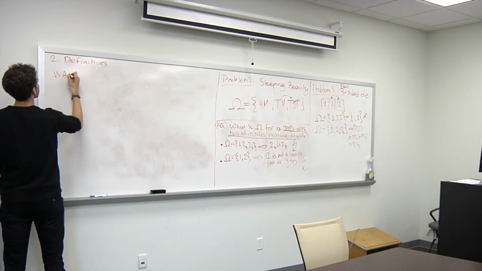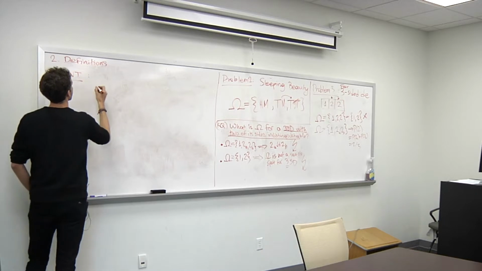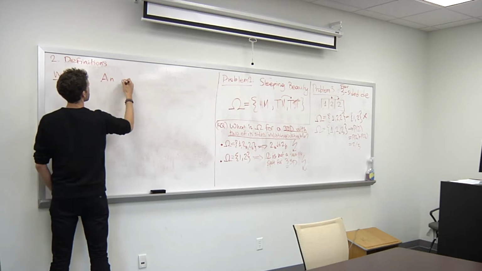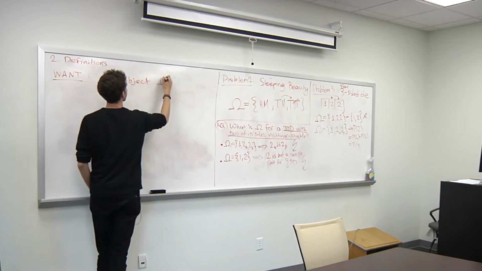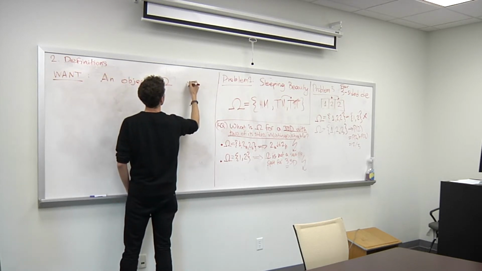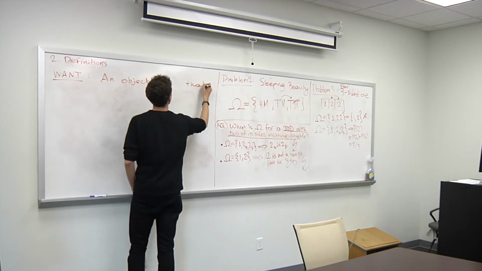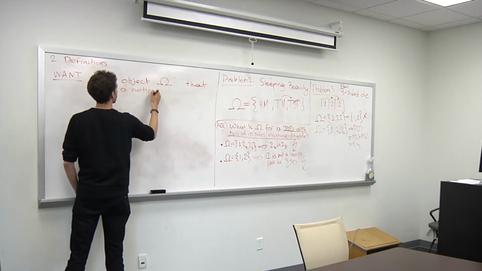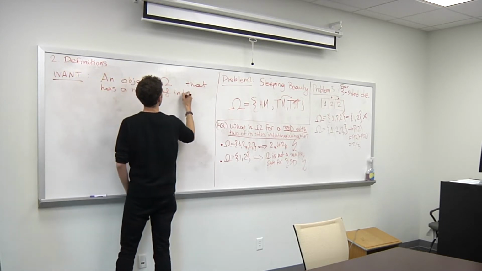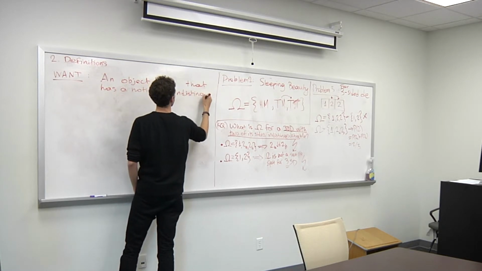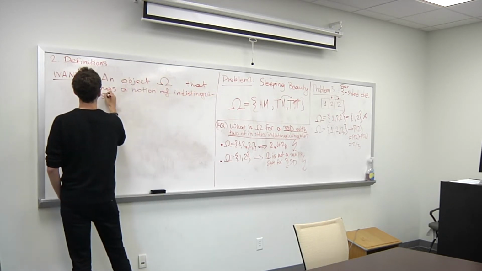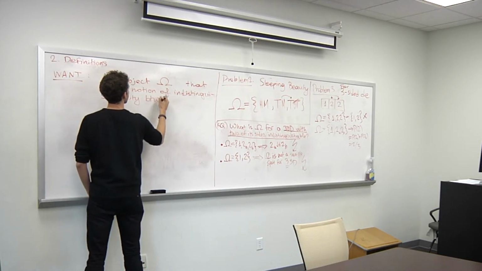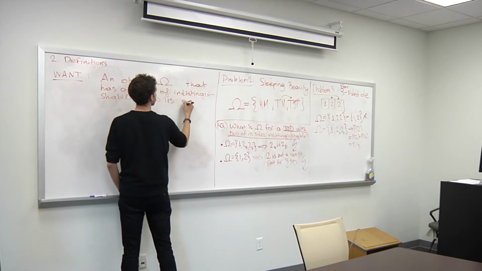So what we want is an object omega that has a notion of indistinguishability between its elements.